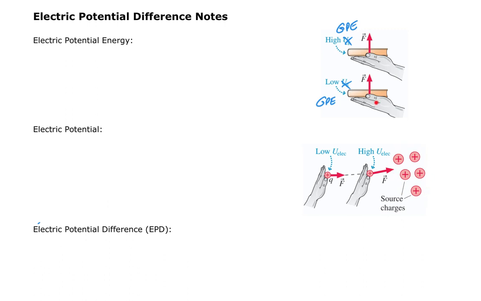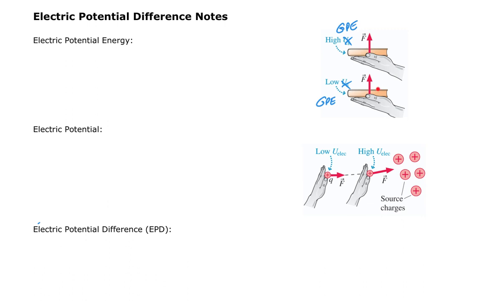But what you should know is that the source of the gravitational potential energy up here is just the gravitational field due to the Earth. Down here we have our source charges that are the source of the electric field that we're going to experience. So we've got our test charge, similar to how we had our test mass here, and we're applying a force over a distance to get it closer to this source charge.